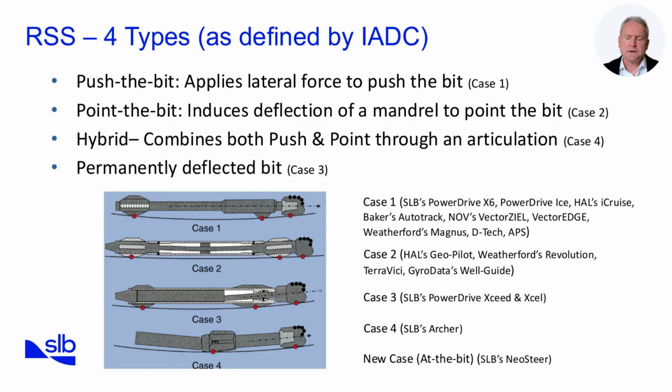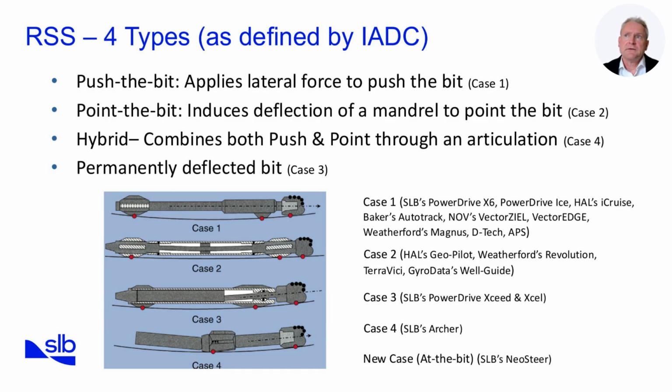Case 2. Point the bit. This approach works by deflecting the internal mandrel or shaft, effectively pointing the bit in a new direction. Instead of pushing the bit sideways, the system reorients the bit face. It allows for softer, smoother trajectory changes, which is beneficial in formations where borehole quality and tortuosity matter.